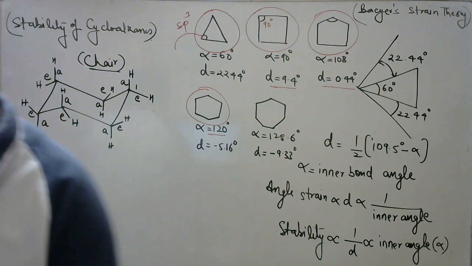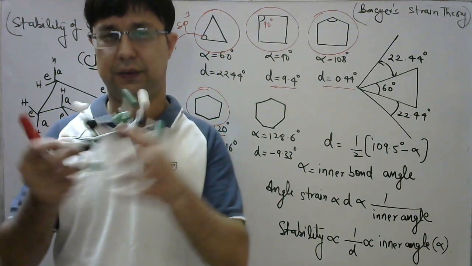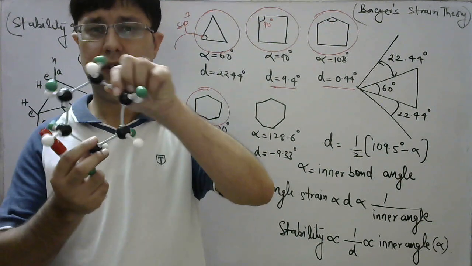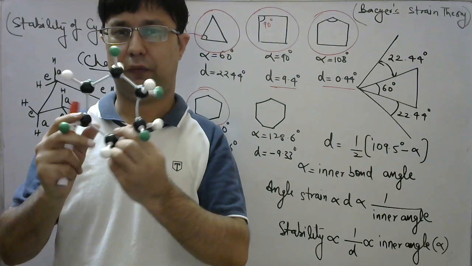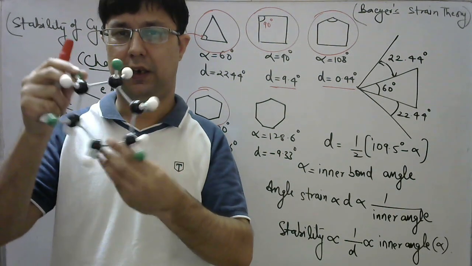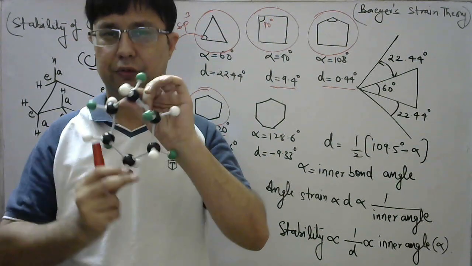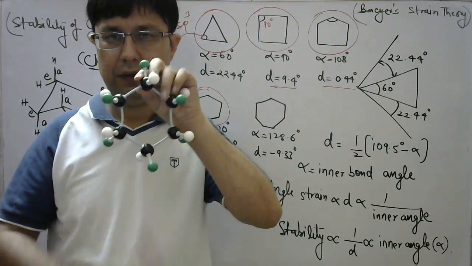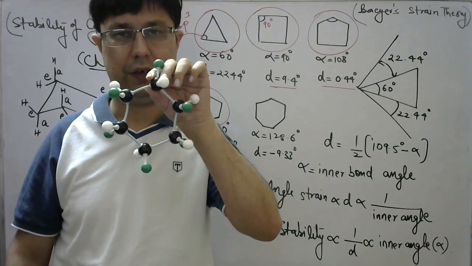If we analyze and consider a model of cyclohexane, everyone can look at this molecule. I have indicated there are two types of atoms over here. One is indicated by green, another by white. But let us presume that right now they all are hydrogen atoms. Clear? This is a ring, that is the cyclohexane ring, which we have indicated.